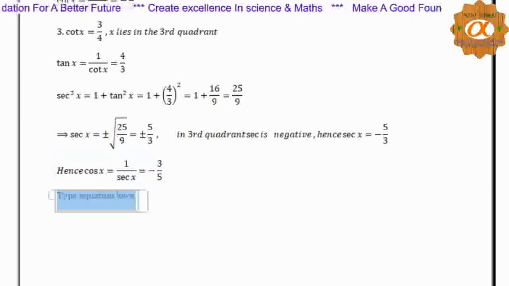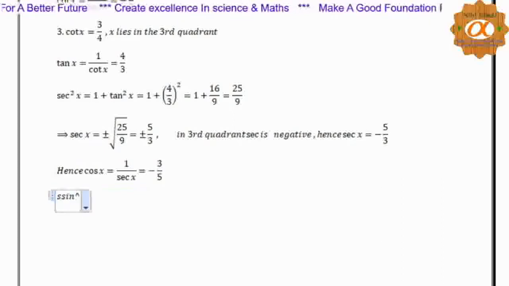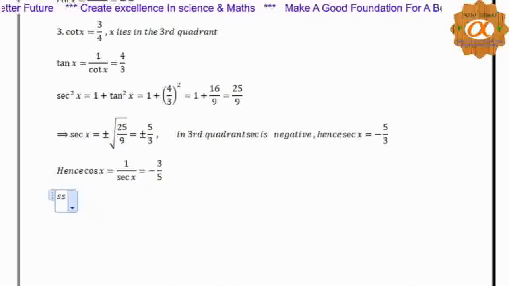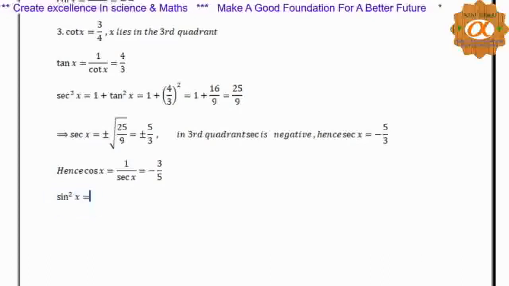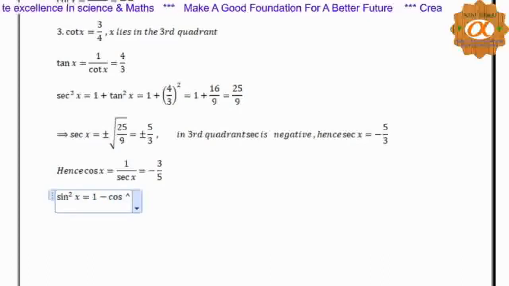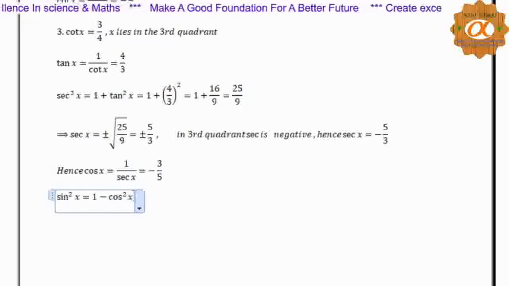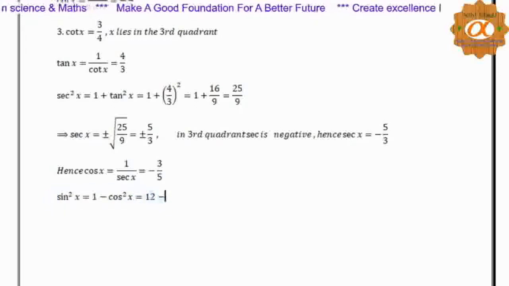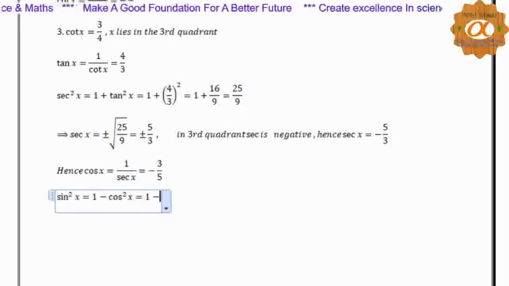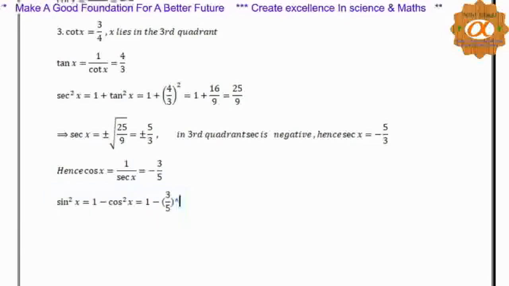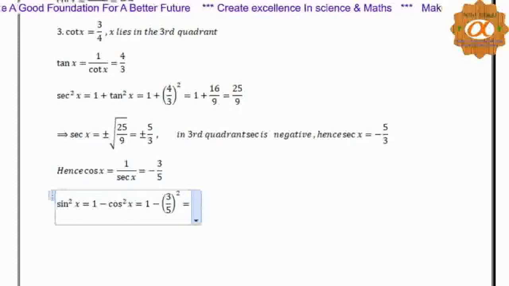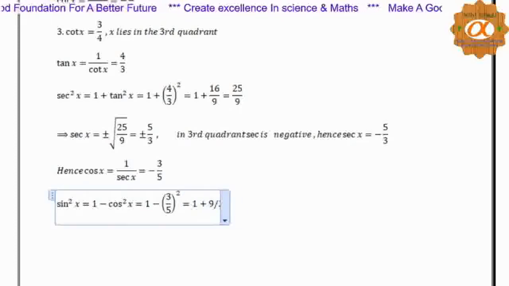Now sin square x is equal to 1 minus cos square x, is equal to 1 minus (minus 3 by 5) whole square, that is equal to 1 minus 9 by 25.